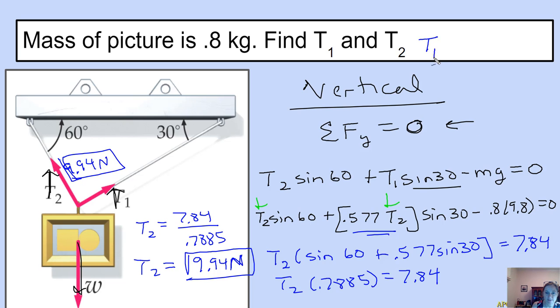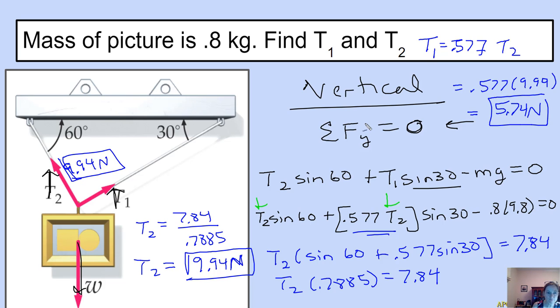T1 is 0.577 times T2, or 0.577 times 9.94, which equals 5.74 newtons. So this is 5.74 newtons, this is 9.94, this is 7.84.